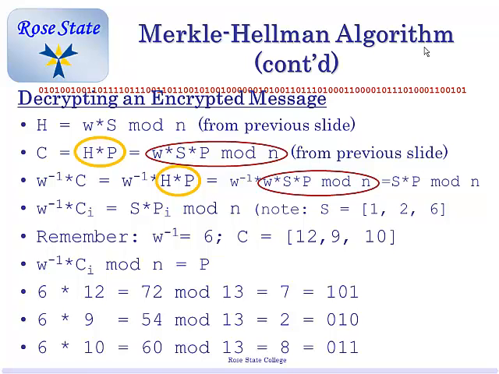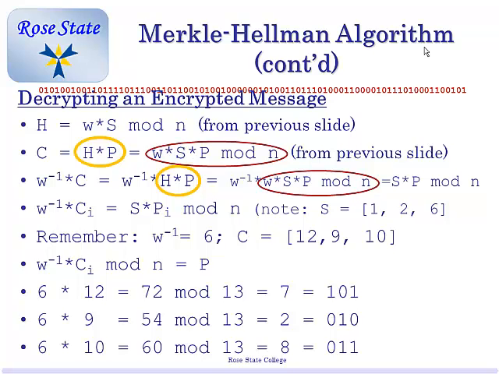The multiplicative inverse of W times C to the i. What's C to the i? The first ciphertext, in this case, would be 12. So the inverse of W times C to the i is equal to S times P to the i mod N. Let's walk through it so you can see what I'm talking about. Remember, the multiplicative inverse of W is 6. Our ciphertext is 12, 9, and 10. So we take our multiplicative inverse of 6 times 12, because that was our first ciphertext.